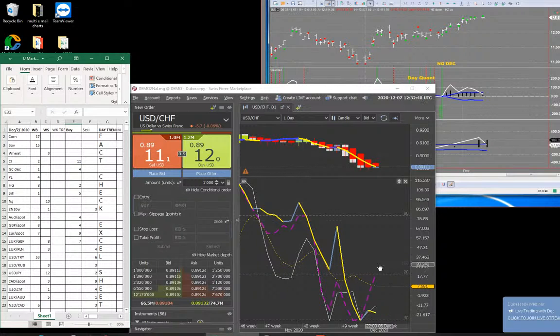You can see the purple line's moved up, so there's some strength in that, which is kind of telling us that they want to sell it down even more. And you can see we've broken the 90 area, and it just keeps on sliding along. So that's where we're at with the Swiss dollar pair trade, which usually is indicative of seeing the rest of the dollar show weakness at the same time.